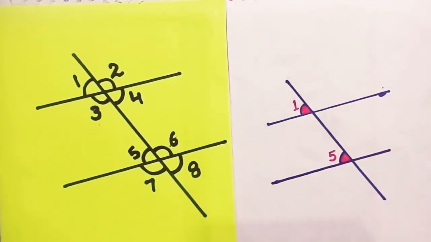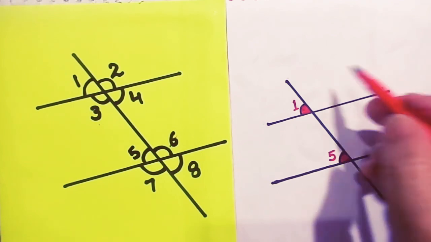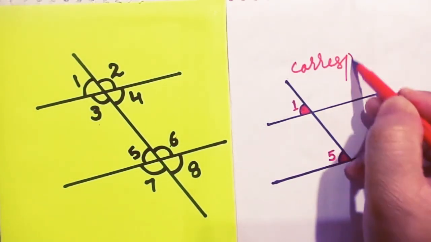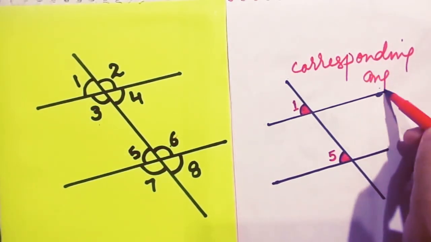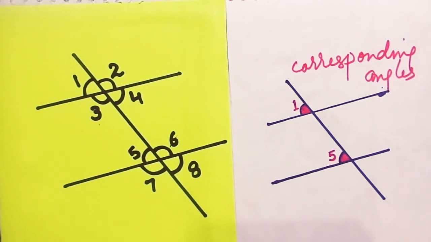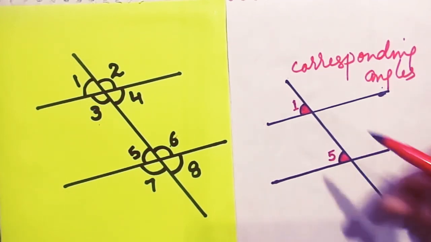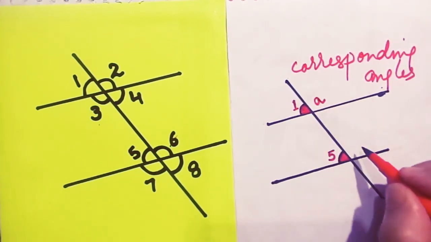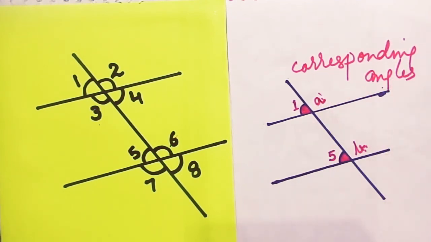1 and 5. So 1 and 5 are known as corresponding angles. Okay, 1 and 5 are corresponding angles. Similarly, here you can say this A and B, they are also corresponding angles.